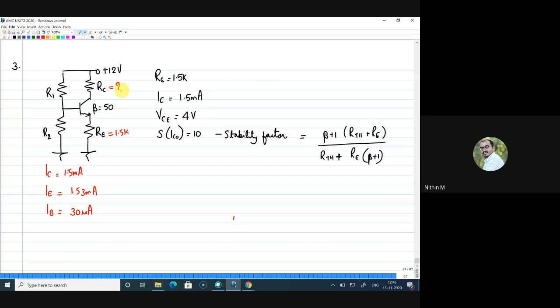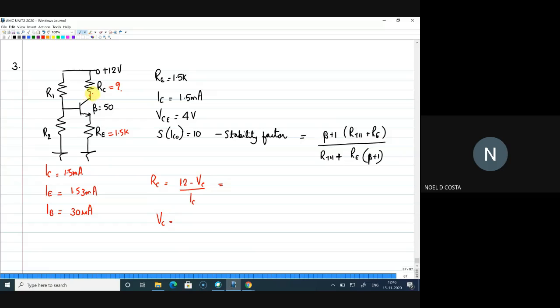What you told is right, so let me write this. You are telling RC is equal to... VCE is equal to 4 volt. Okay, VCE is 4 volt, but if I want to find RC, RC can be written as 12 minus VC divided by IC. This is right.